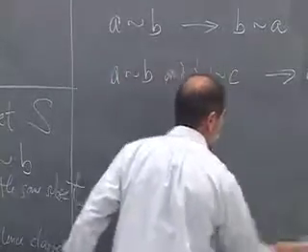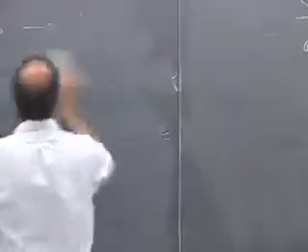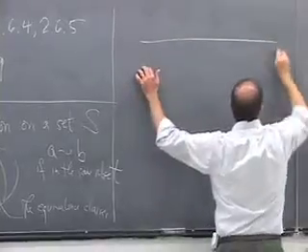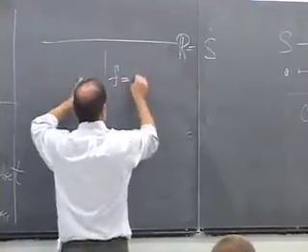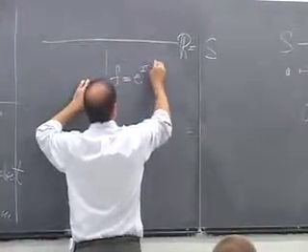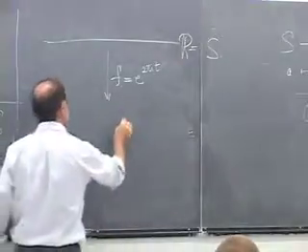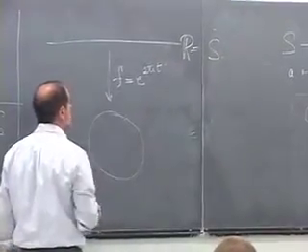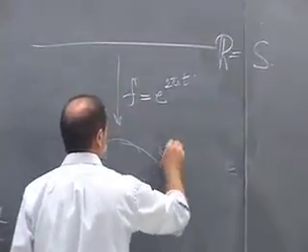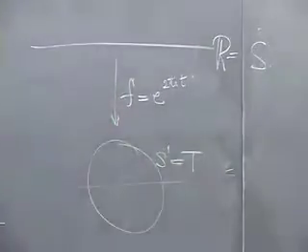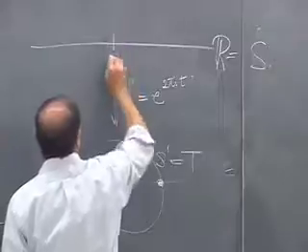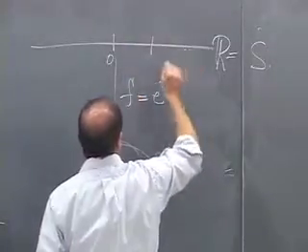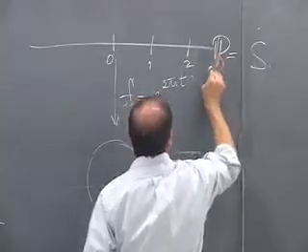If you have the real line, here's the real line, that's going to be our set S, and that's going to map by the map f(t) = e^(2πit) down to the circle in the complex numbers, S1, that's the set T. And the fibers of that map, if you look at all the points mapping to 1, those are the points 0, 1, 2, 3, minus 1.